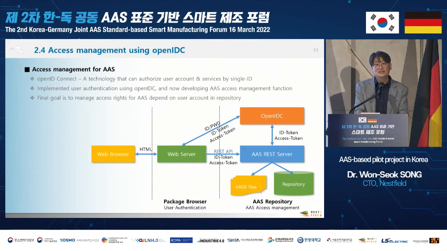Then security can be the key issue. There can be cases where anybody can take any information, which can be problematic. To relieve the concern, in Germany, they are using OpenID Connect. It's a kind of access control.